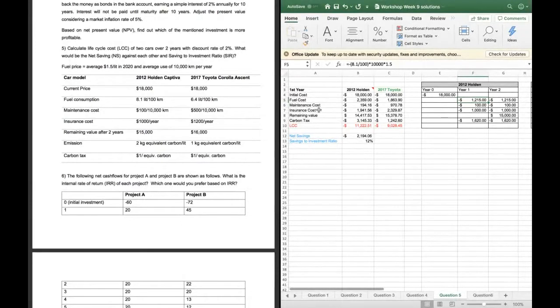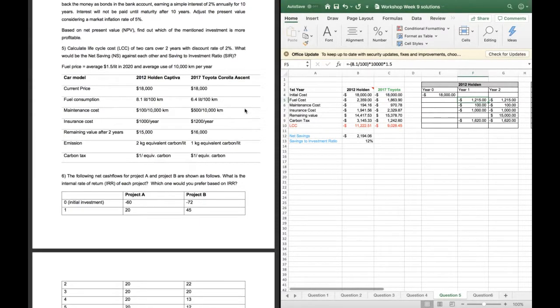And next is maintenance cost. Now for maintenance, it says that you're going to spend $100 per 10,000 kilometers, and luckily for us, we are going to cover 10,000 kilometers per year. So you can just put this value for year 1 and this same value for year 2 as well, because we are assuming the same distance will be covered for both years.